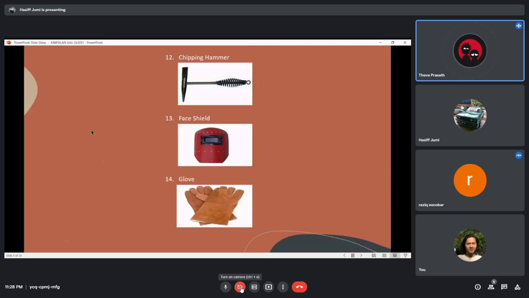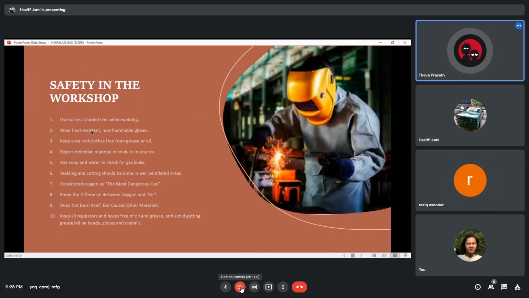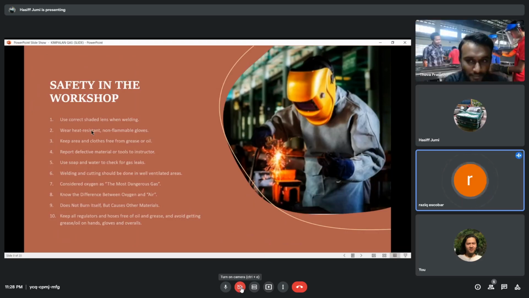Next I would like to call upon Raziq to continue this presentation. Alright, thank you, Theva. Now we move to the safety section. Safety in the workshop. First, use correct shade length when welding. Second, wear heat resistant, non-flammable gloves. Third, keep area and clothes free from grease or oil. Fourth, report defective material or tools to the instructor.